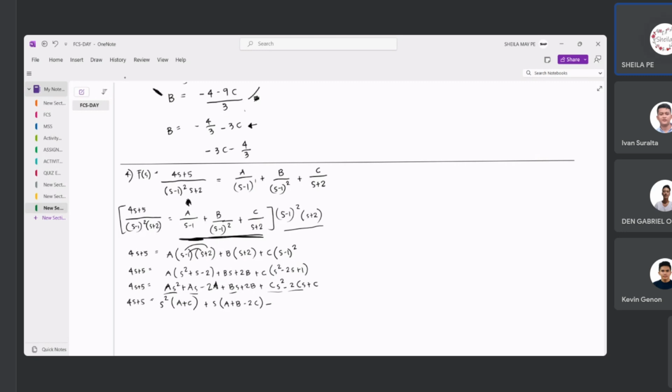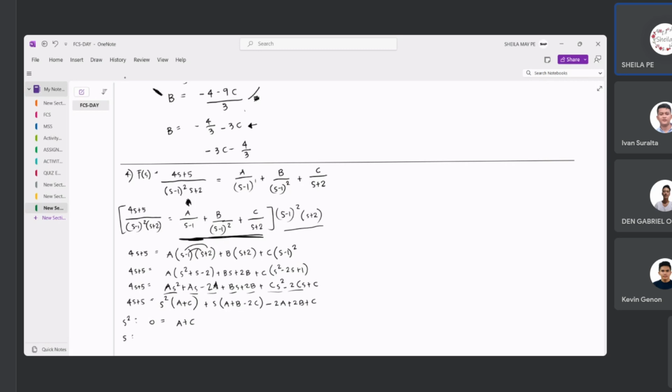Okay. And our constant, negative 2A, 2B, and C. Okay. Evaluation. Let's start with the highest degree, S squared. So do we have S squared on the left side? Wala. Do we have S squared on the right side? Yes, that's A plus C.